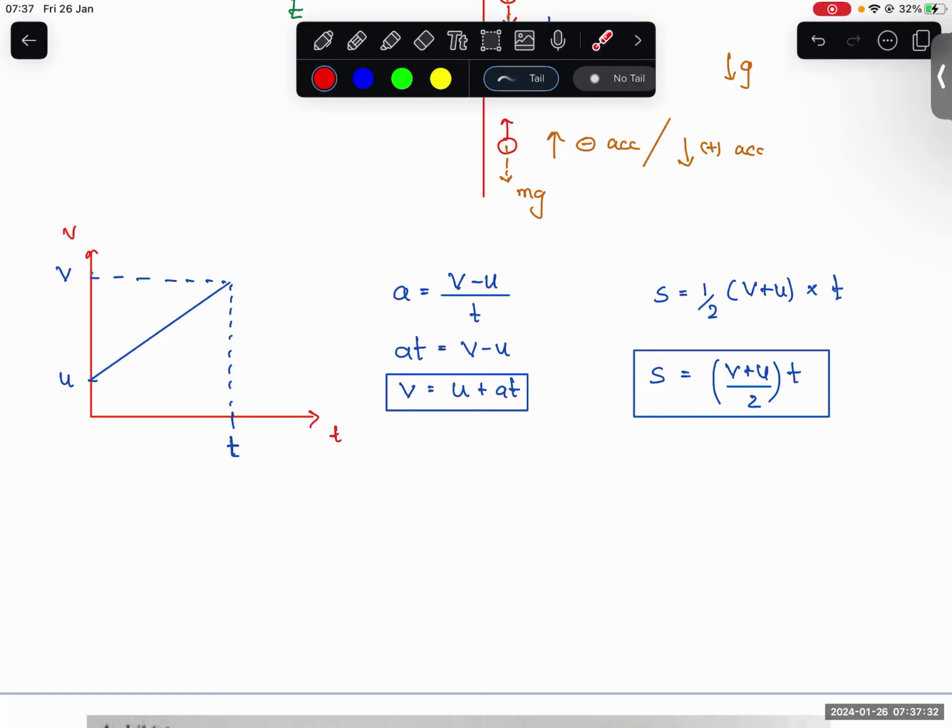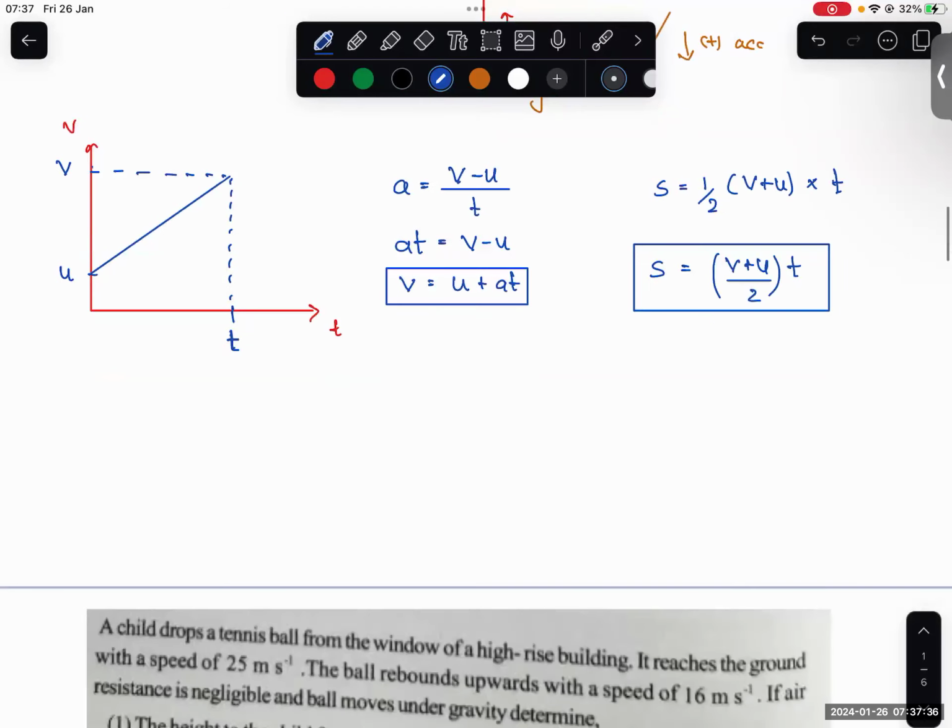I will also, don't look at the screen. You have to do your own way and then finally check your answer with my answer. So I'm going to put u plus at instead of v, right? So then I get this.